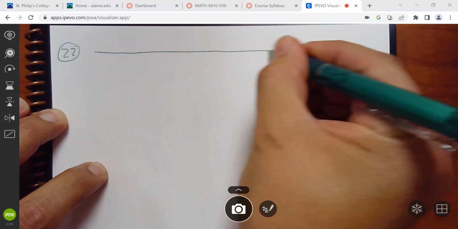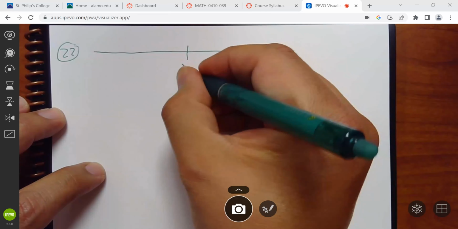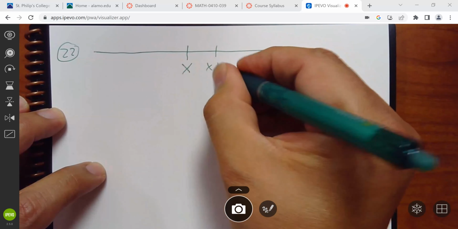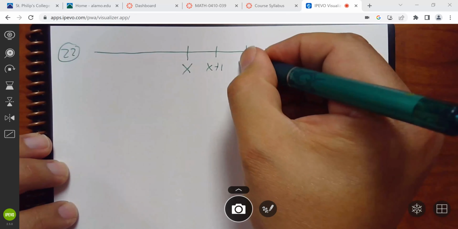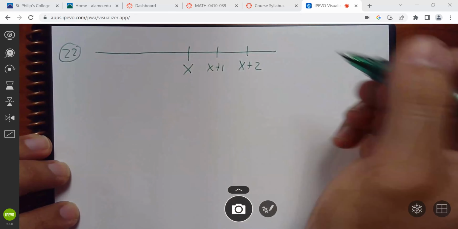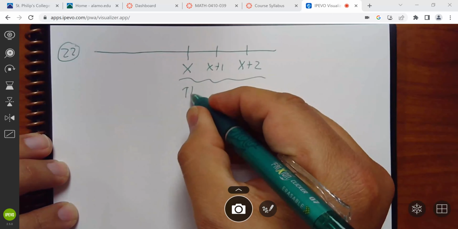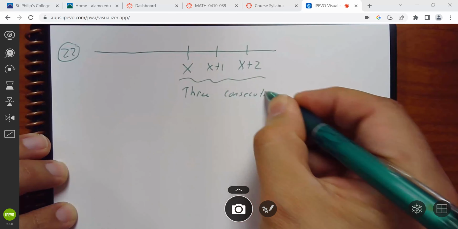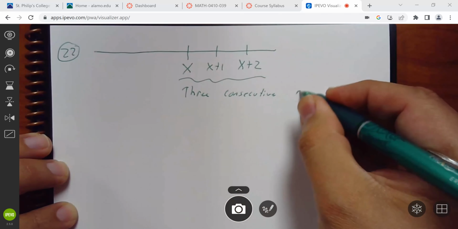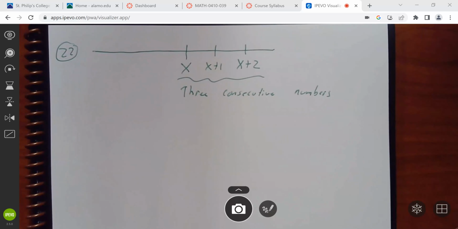Yeah. So if you keep 1 for x, the next one has to be x + 1. I could keep going, or I could go below, either way. x + 2. 3 consecutive numbers. Okay. That makes sense?